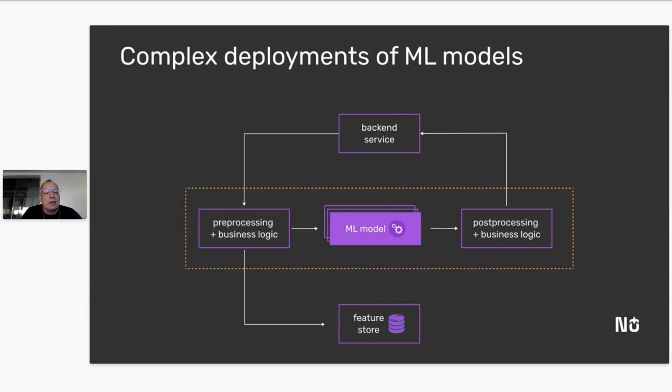So there has to be some pre-processing before ML models can be called. Maybe there has to be a lookup to a feature store to bring up the features required by the ML model. Similarly, after all the ML models are run, there has to be some post-processing and business logic, and only then the final decision is delivered.